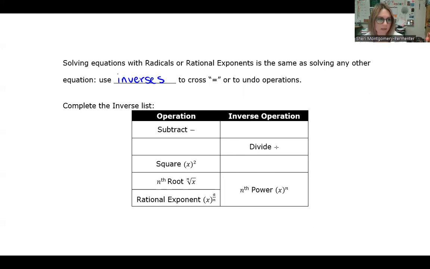See if you can fill in those blanks while I take attendance. Andres is not here. Dariana.